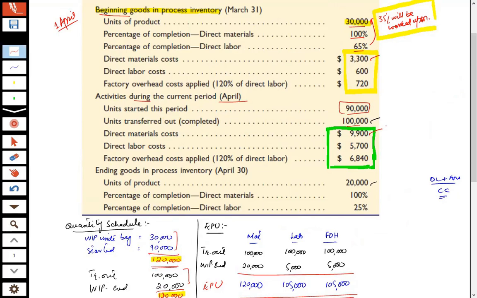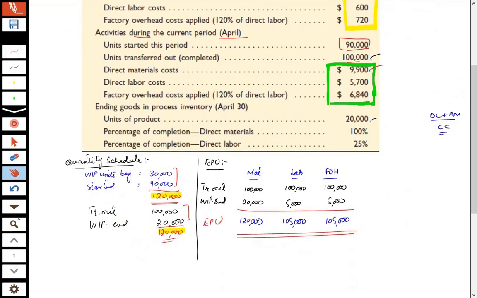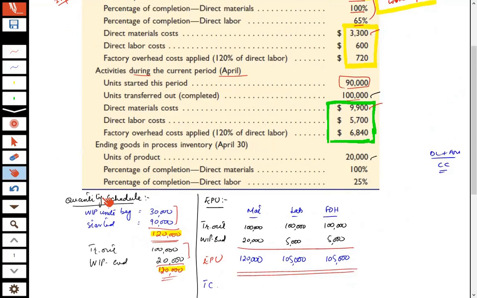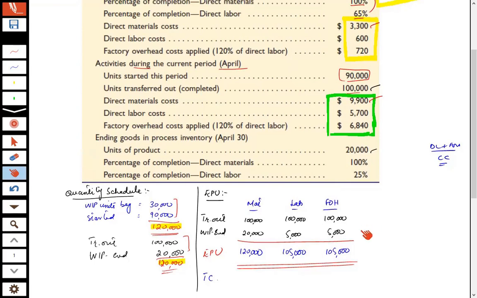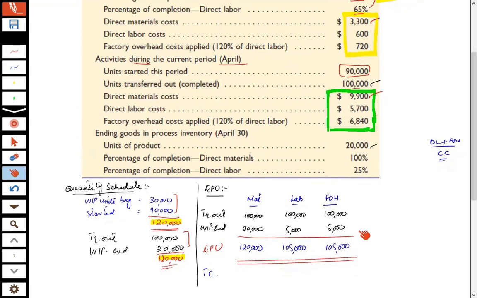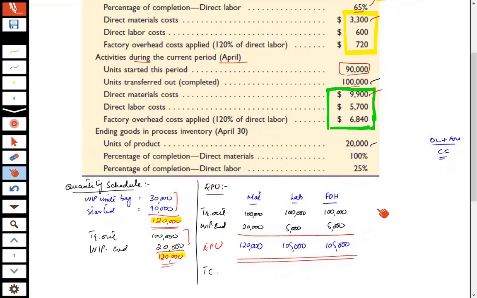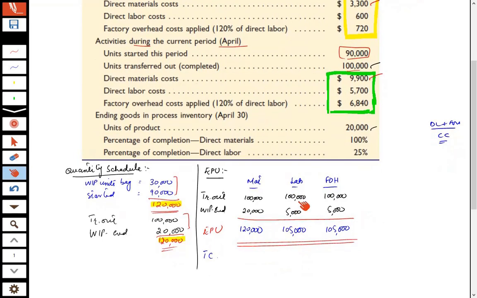So the total material cost would be 3,300 plus 9,900. Please calculate. 13,200.